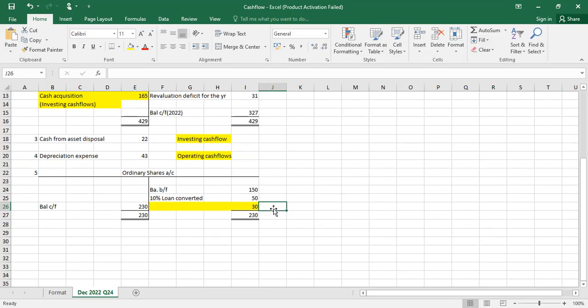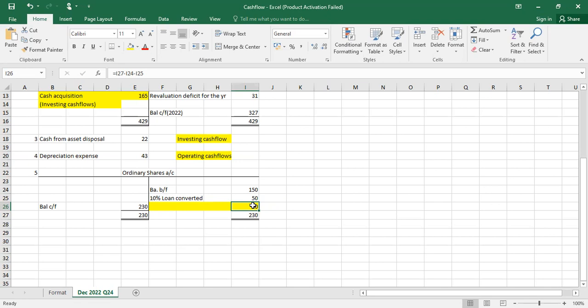Very quickly, what is this 30 million? This account being a credit balance account, anything that appears on the credit, like this 30, is therefore something that increases it. What could be increasing this share capital account? Actually, it can only increase by one thing.